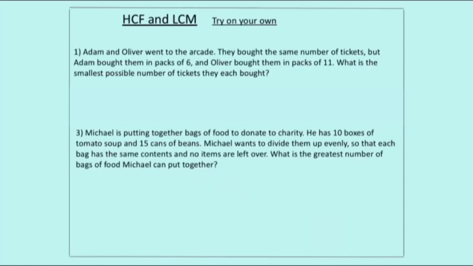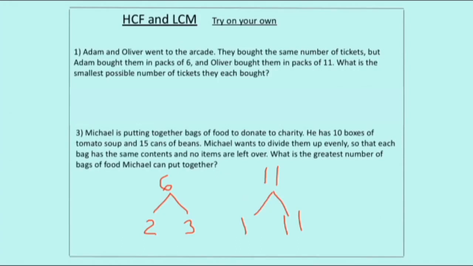Using the prime factorization, I'm just going to write it over here for the first question, 6, and then if I further factorize it, I get 2 and 3, and yep, that is the prime factorization, 2 into 3. For 11, there is no prime factorization except one, because 11 itself is a prime number, so it only has 2 factors, 1 and 11. So what is the common factor which they share?